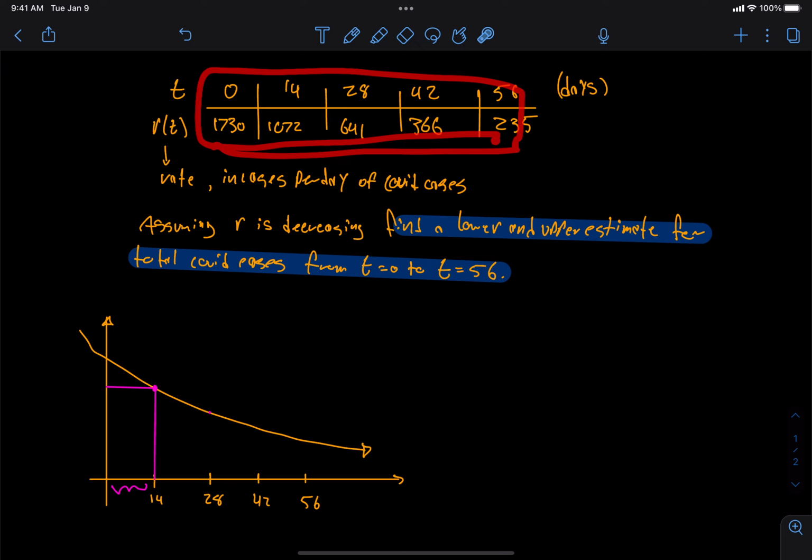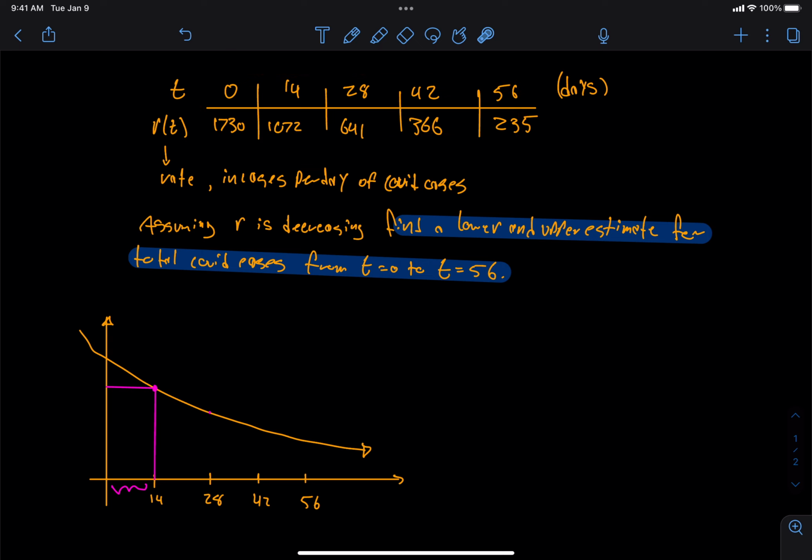But that's actually not the case. We have 5 data points, yes, but what we're counting is not the number of data points, but rather the number of gaps between data, which is 4. So we're going to use 4 rectangles for this one.